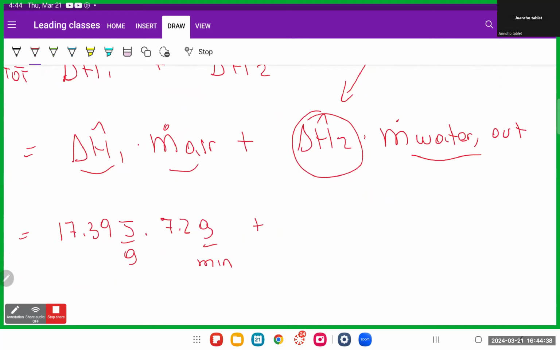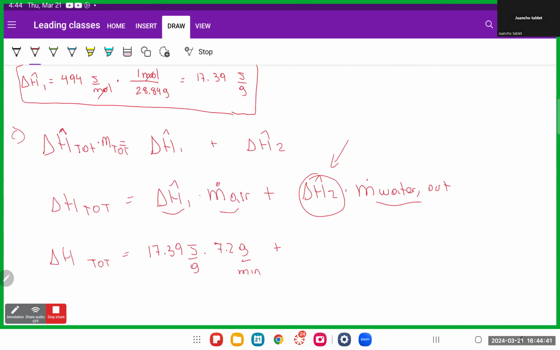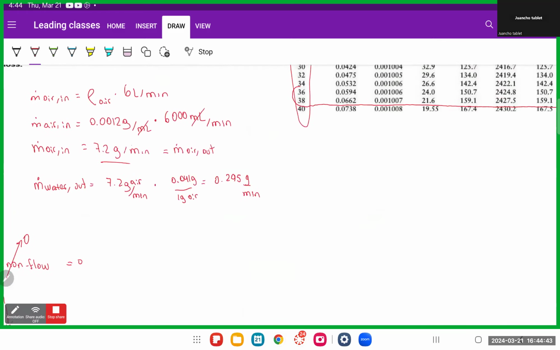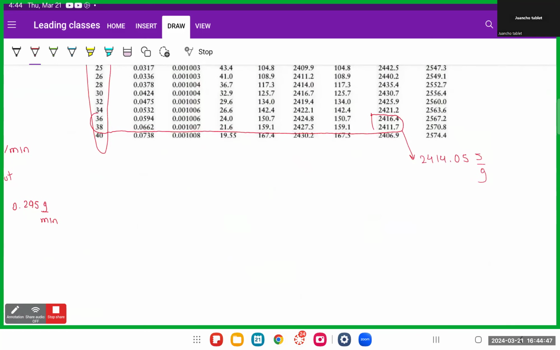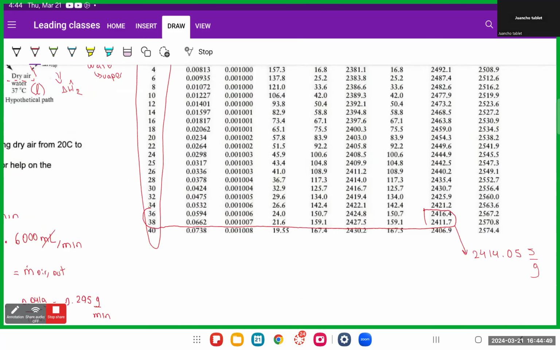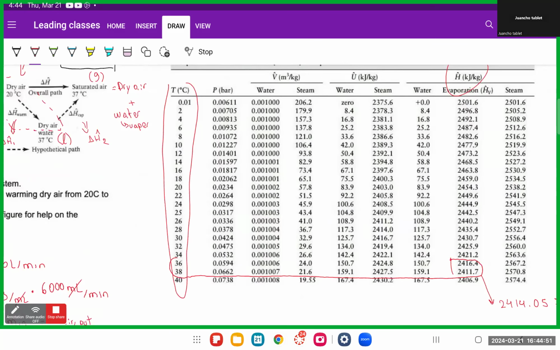Plus the specific enthalpy of water, which we just calculated up here to be 24. That makes sense. Do you guys get where he got that? Oh, yeah. 2,414? Yeah, please stop me if I'm going too fast. That makes sense. Okay, you're just taking an average because you don't have the exact value for 37 degrees. Yeah, we're trying to calculate that value. So your average is 36 and 38.